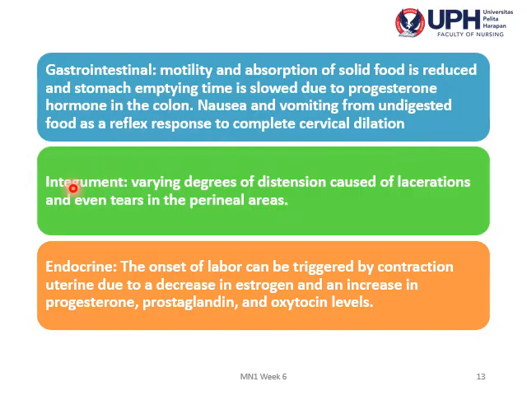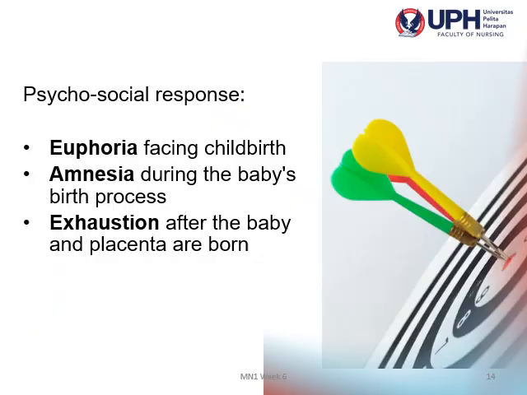In the abdomen, there will be distension in varying degrees, and also lacerations and even tears in the perineal areas. In the endocrine system, the onset of labor will trigger the contractions of the uterus, and it will happen because of the decrease in estrogen and increase in progesterone, prostaglandin, and oxytocin levels.